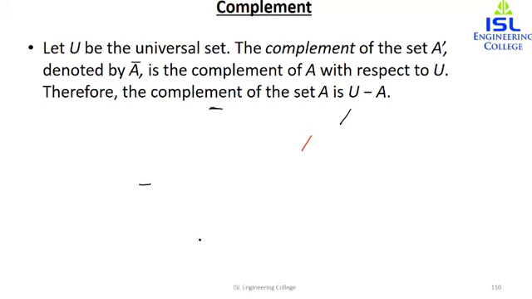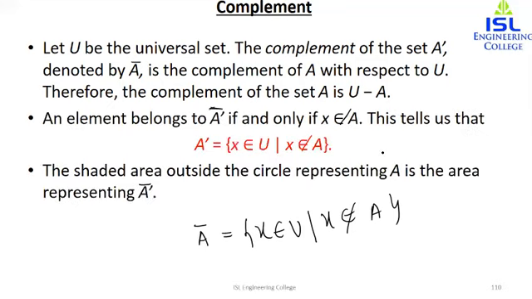A bar is usually represented by the set of X belonging to the universal set such that X should not belong to A. The Venn diagram for the same is represented by shading the entire rectangle, leaving the circle. An element belongs to A if and only if it does not belong to A bar.